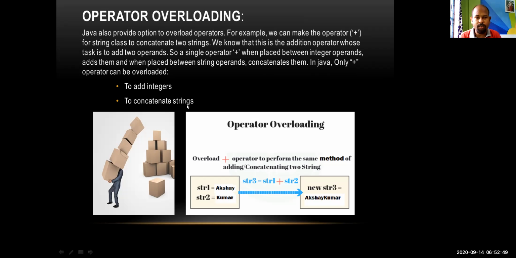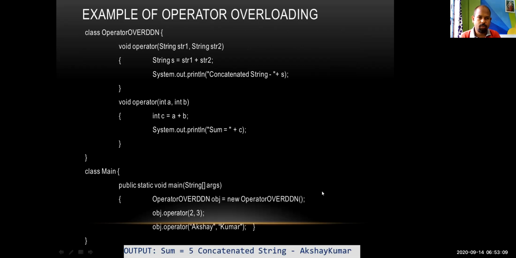So to concatenate two strings, there will be two strings, suppose string 1 and string 2, and the expression will be just like the addition of two numbers. Here string 3 is equal to string 1 plus string 2. So a new string will be there.